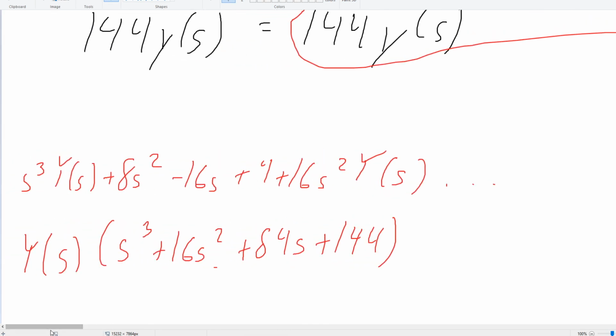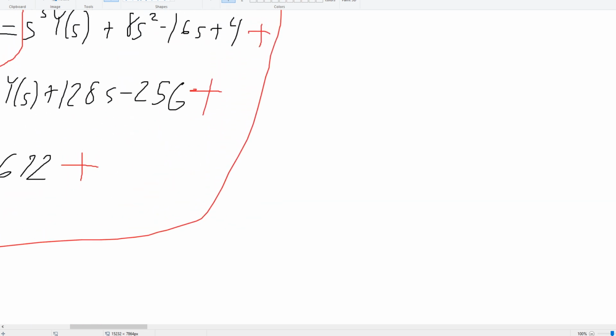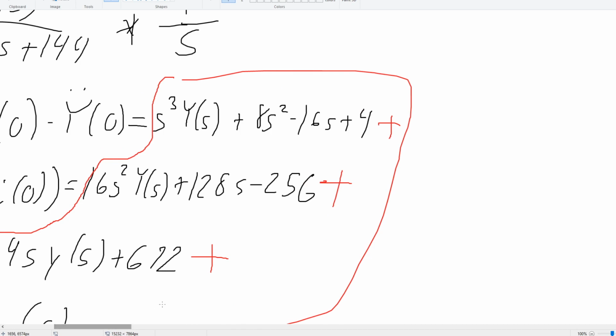All right, and then the next part is going to be plus 8s squared minus 112s plus 420. Nice. This is basically just adding up all the constants, right?